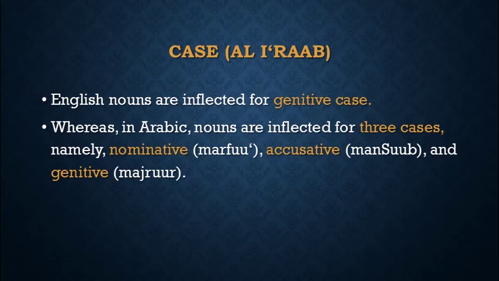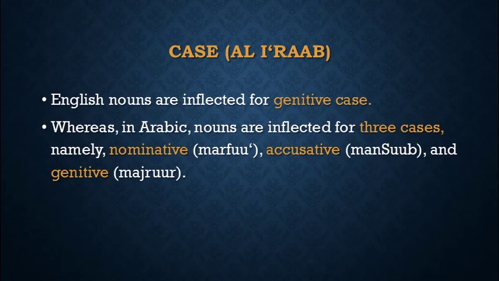All right, so let's talk about the third element, which is what words get inflected for. Arabic words in particular are inflected for three cases: nominative, which is al-marfu'a, accusative, al-mansub, and genitive, al-majrur.